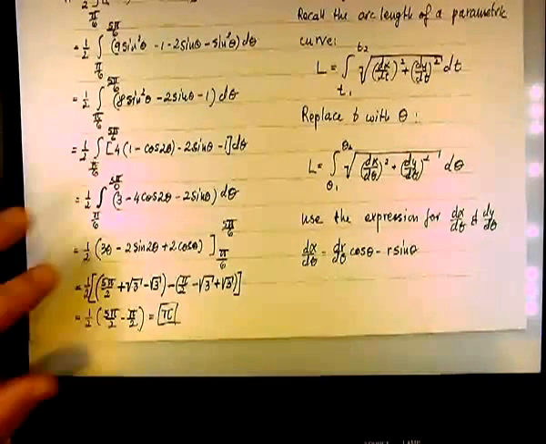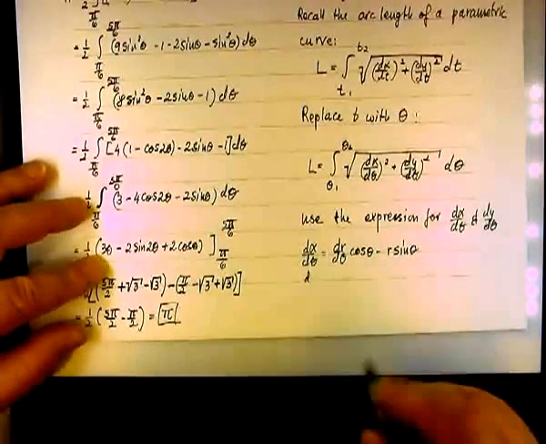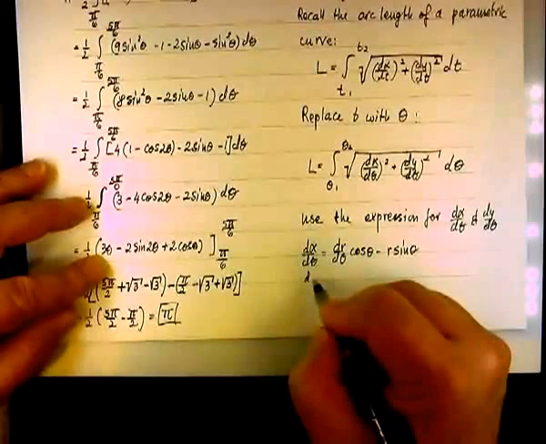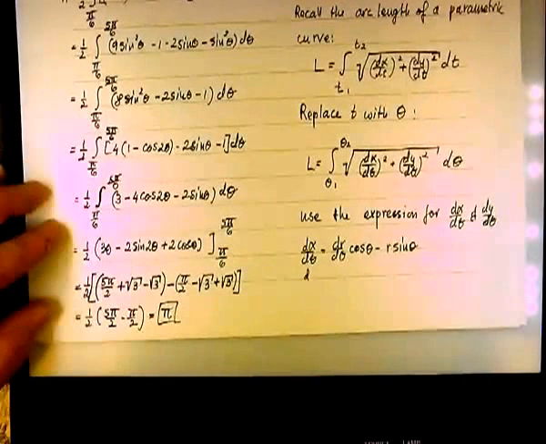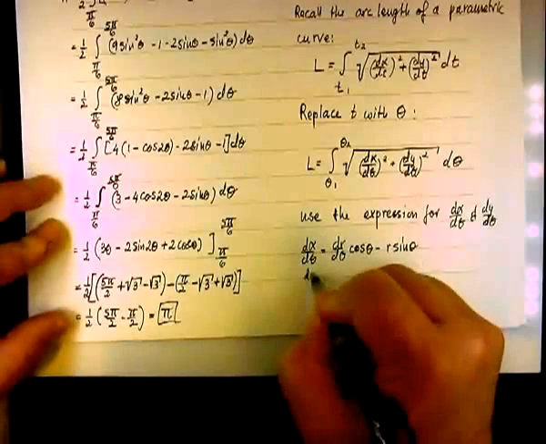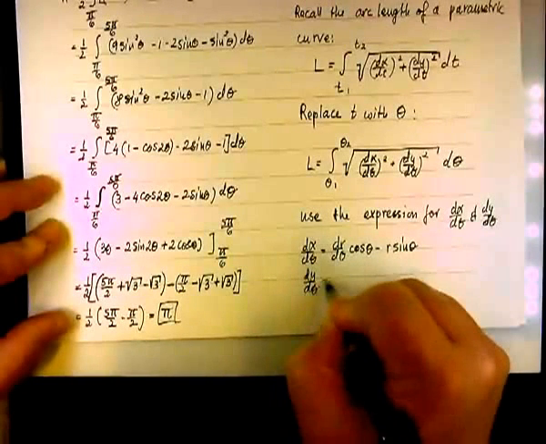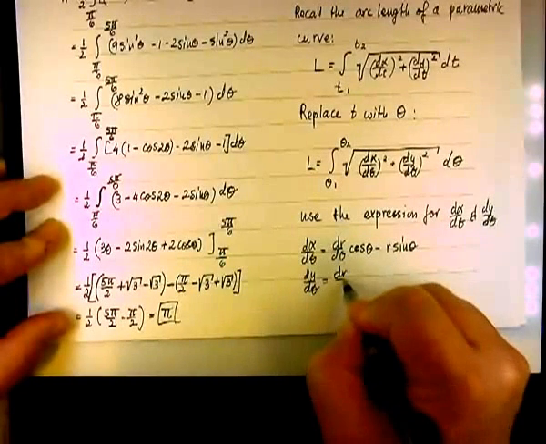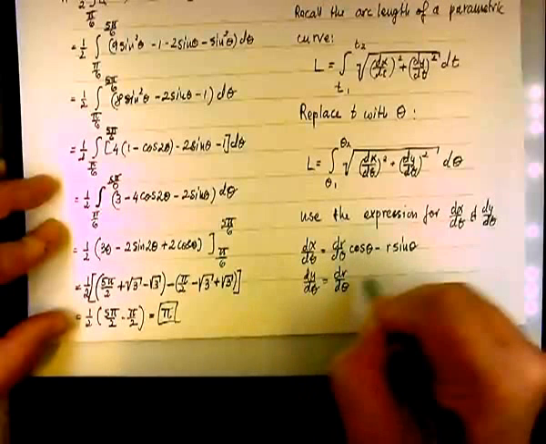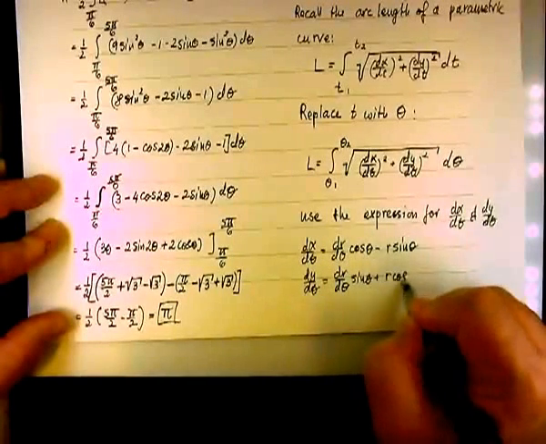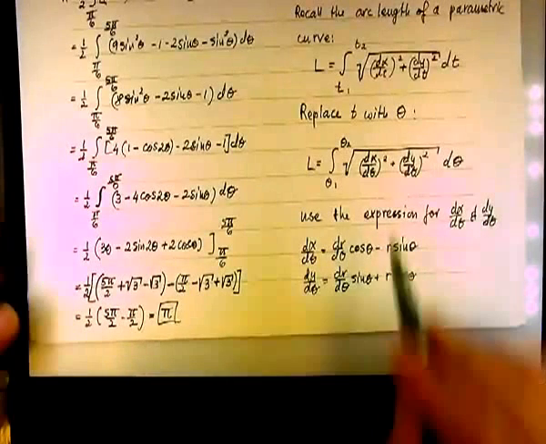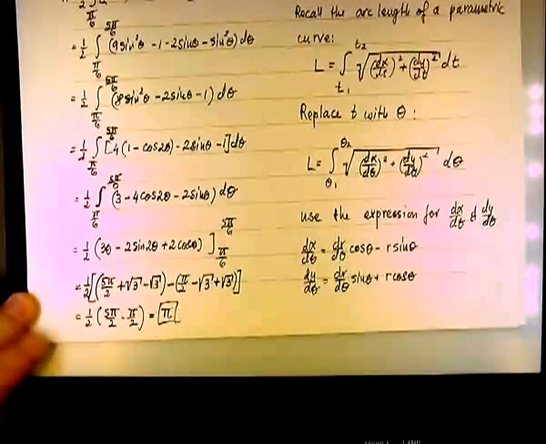This is something I showed you at the beginning of the class, when we did the tangent. We used the fact that the slope of the tangent, dy dx, is dy d theta over dx d theta, and we evaluated this and came up with the following expression. So dy d theta was dr d theta sine theta plus r cosine theta.